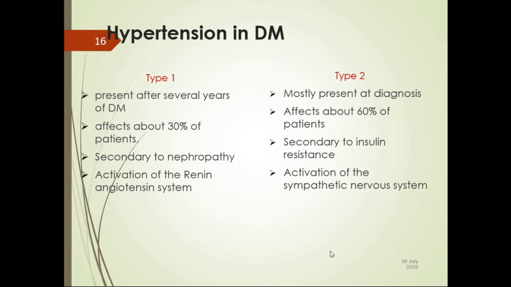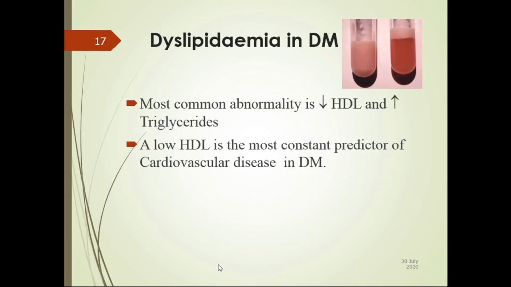In type 1, it is secondary to nephropathy, the kidney damage, and in type 2 due to insulin resistance. In type 1, it's mainly due to activation of the renin-angiotensin system, whereas for type 2 it is due to the sympathetic nervous system. So those are the differences of hypertension between the two diabetic groups.